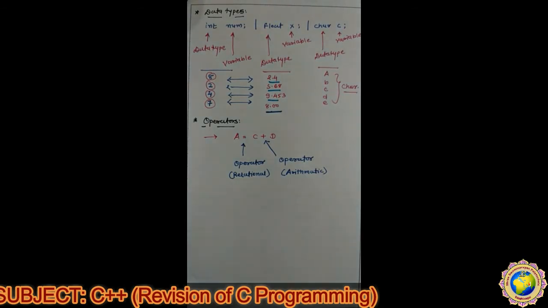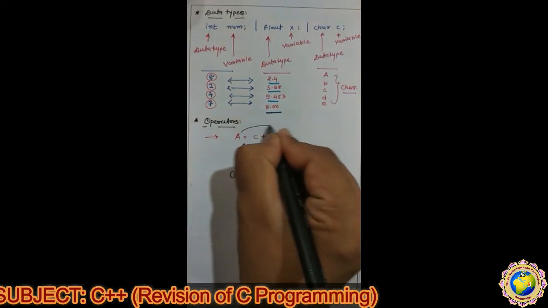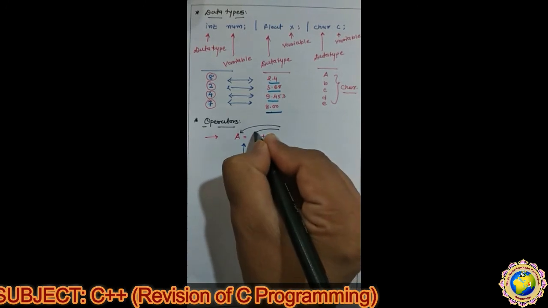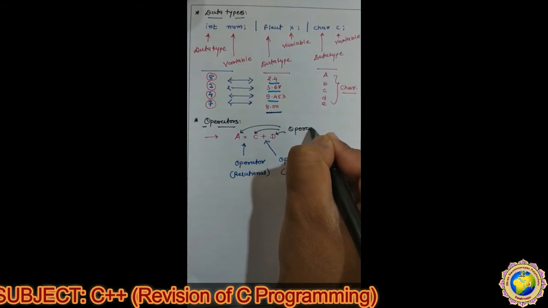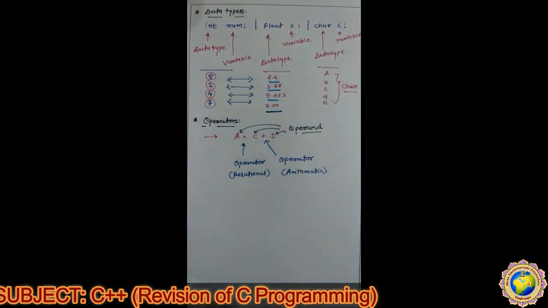So in this above example, A is equal to C plus D, is equal to is the operator and plus is the operator, and A, C and D are the operands. So in the operator, the most important parts are the operator as well as the operand. So what is the operator?